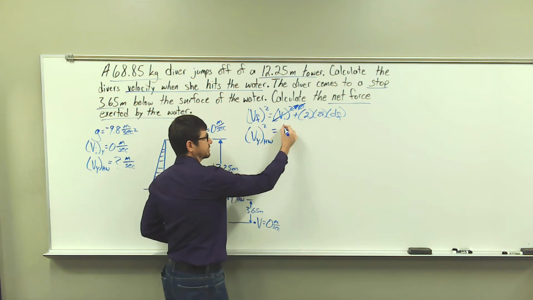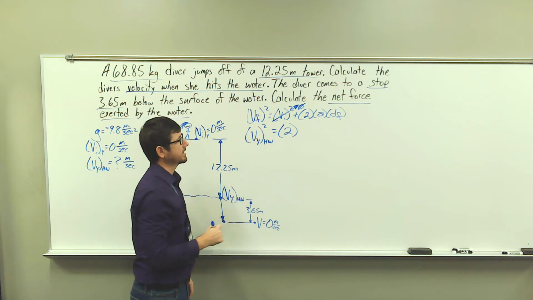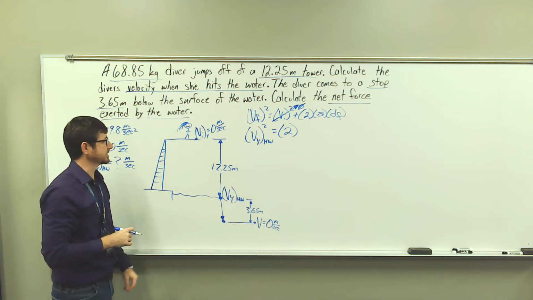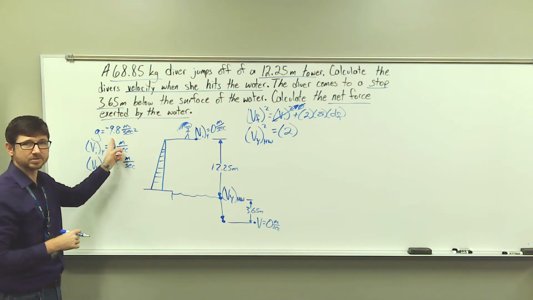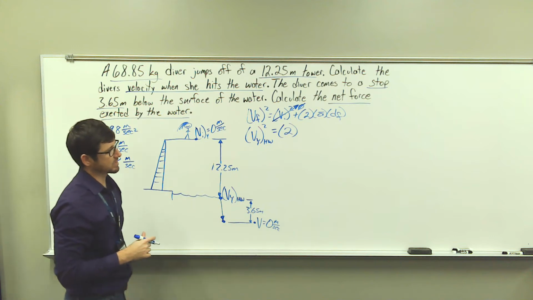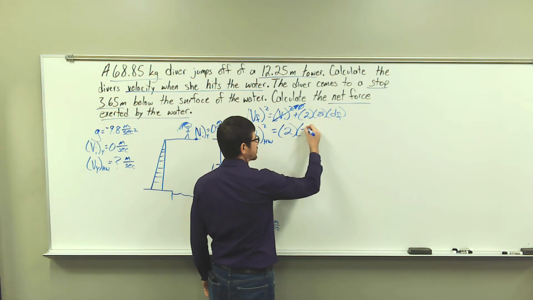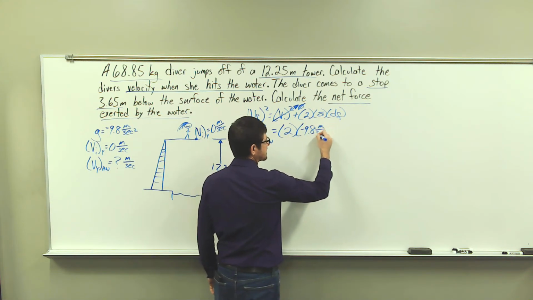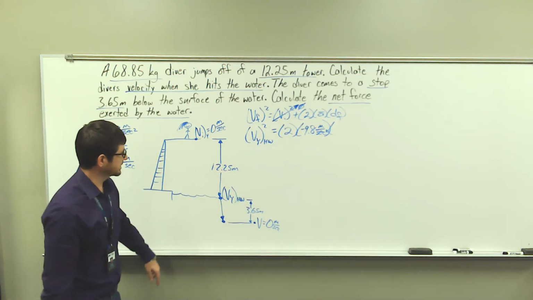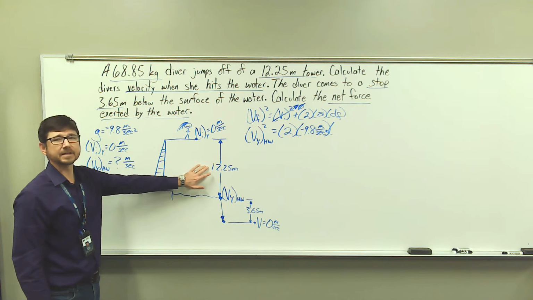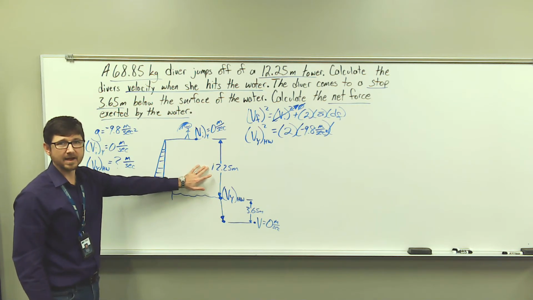Now we have 2 multiplied by the object's acceleration. We know that the diver is going to experience the acceleration due to gravity, so negative 9.8 meters per second squared. And our displacement is going to be negative 12.25 meters.